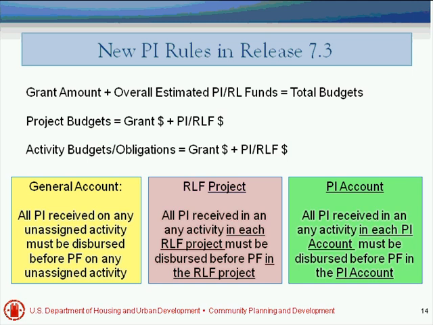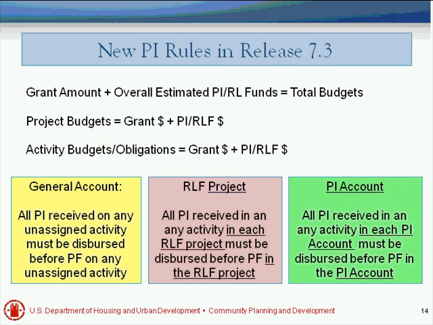It's just that the activities are not assigned to an account. So again, you create a receipt at the activity level, and not only is the migrated data in the general account, any new receipts on an activity that is not assigned to a program income account or a revolving loan fund will also go to the general account, just to be real clear.